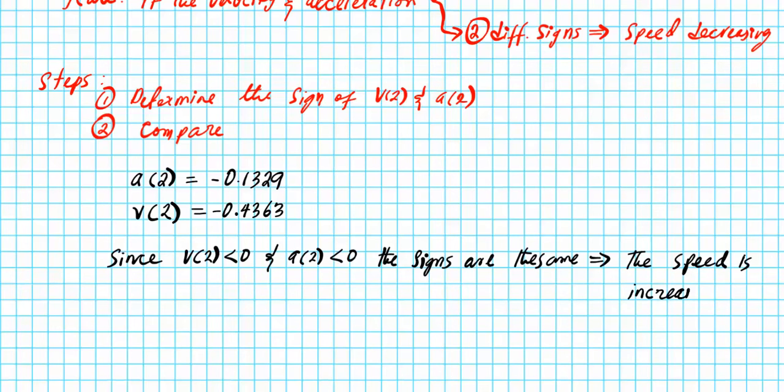This is just a side question. Do you think it's going up or down? Well, since the velocity is negative, that means it's going down. So it's speeding up in the downward direction along the y-axis.